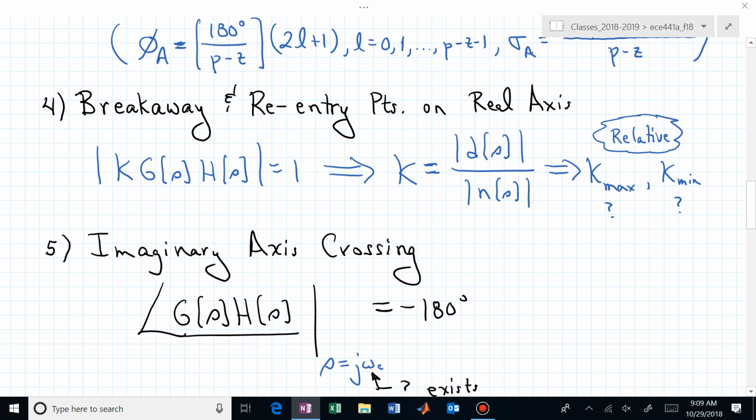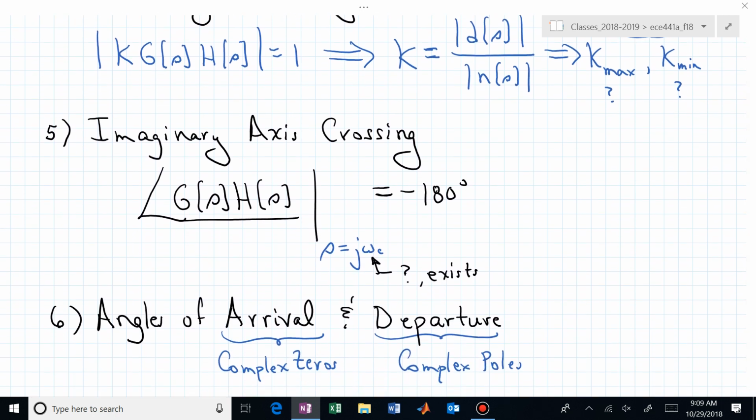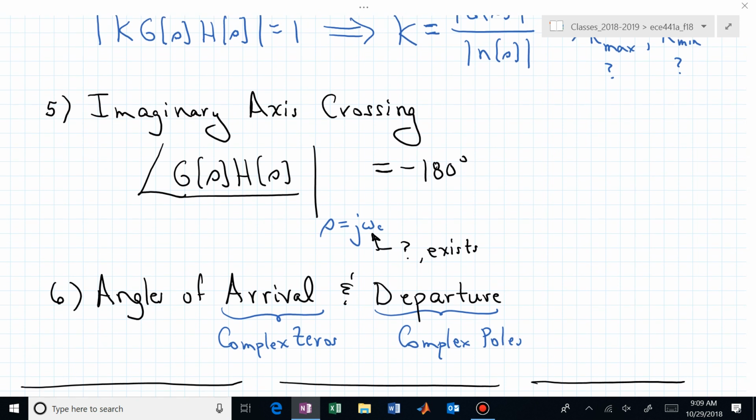That's rule number 4. The imaginary axis crossing, again, all of these branches of our root locus, if that point in the complex plane is a part of the root locus, it satisfies the magnitude condition and the phase condition.